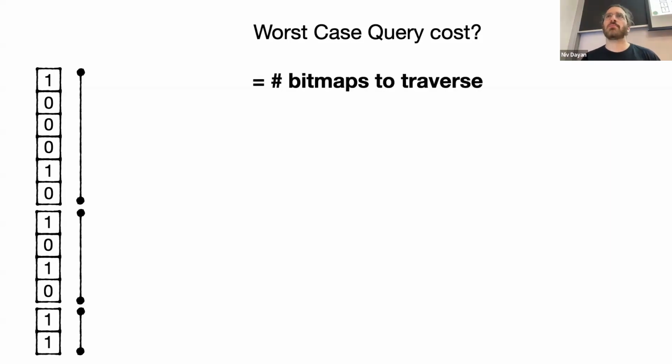We want to ask, how many bitmaps are there to traverse? Let's suppose I'm really interested in a query that has to traverse all the different bitmaps. What's the cost in that case? This is going to govern my cost. That's the number of hash functions I have to compute in the worst case for a query.